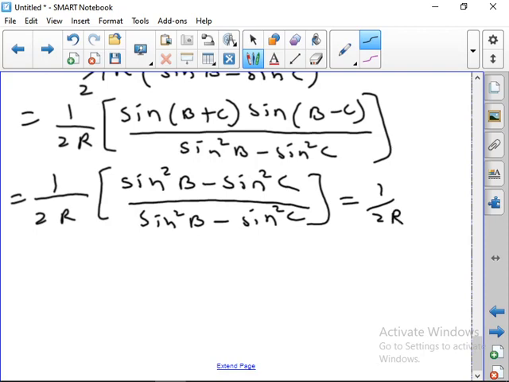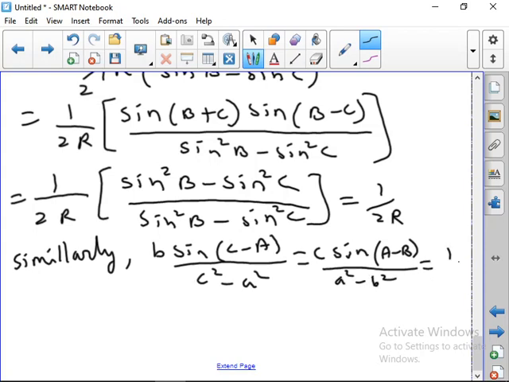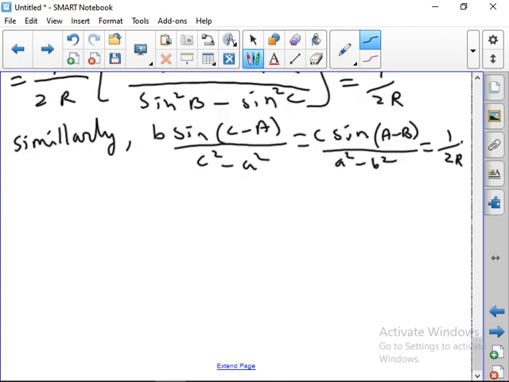Similarly, we can also prove that b into sine C minus A by c square minus a square is equal to c into sine A minus B by a square minus b square is equal to 1 by 2R. Similarly you can prove it. So hence it is proved.